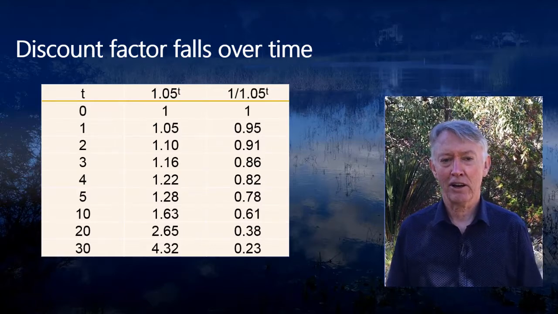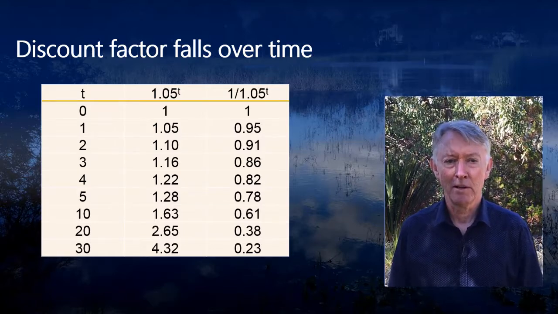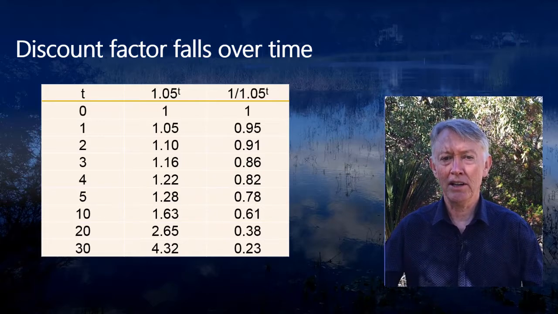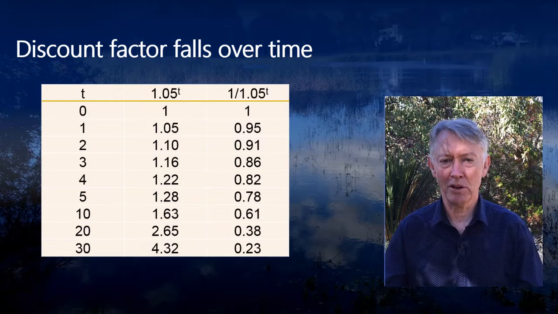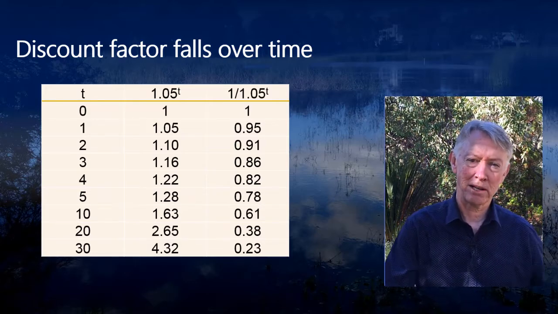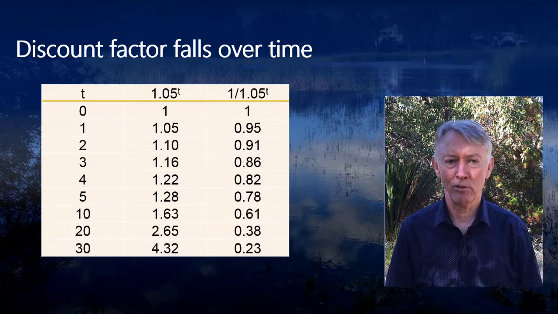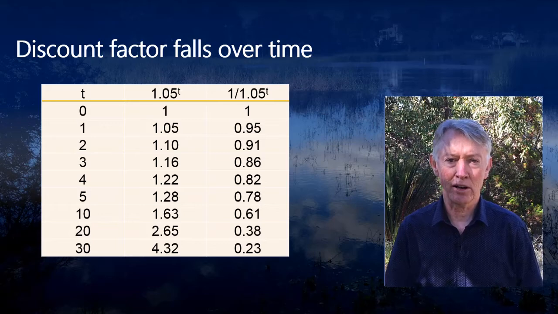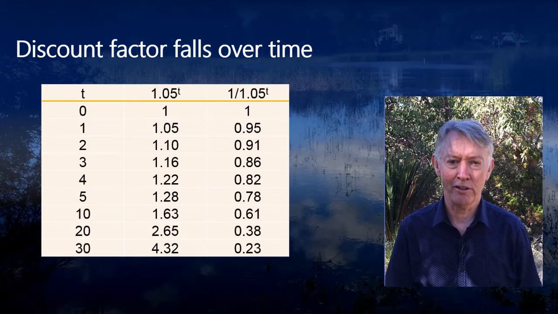The discount factor clearly will fall over time, because the larger T is, then the more years you've got for this interest to accumulate, so the more you're going to discount future benefits and costs back to the present. So here's an example where we've got different values of T from 0 through to 30. You can see, in the middle column, what 1.05 to the T is.